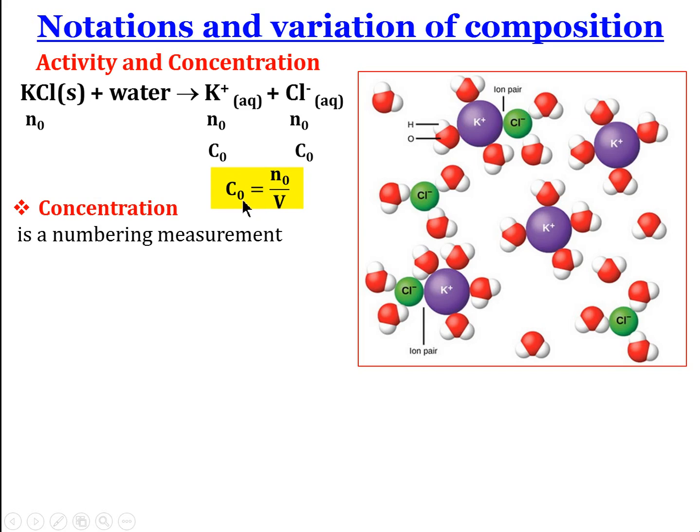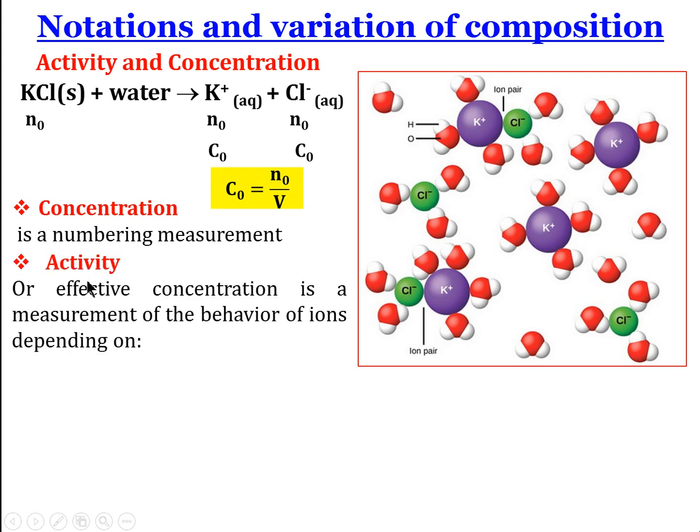So this value of C0 = n0 divided by V is real at the macroscopic scale, but this is not the real concentration at the microscopic scale. So this concentration at the microscopic scale should be corrected.